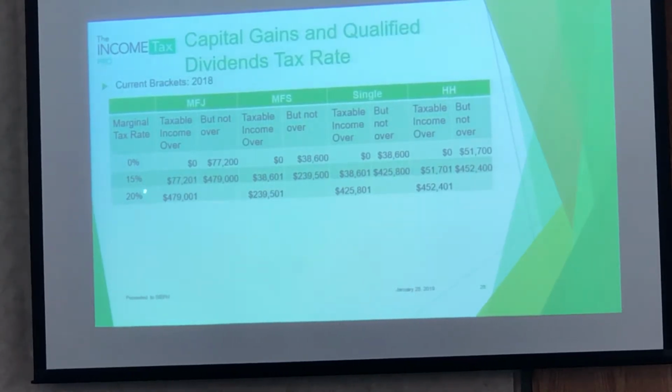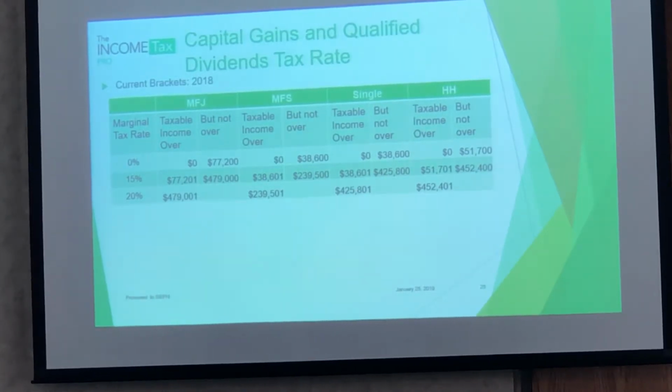Yeah, don't worry, they're not that crazy. No, I was mistaken then. Your taxable income has to be less than 77, not actually your income from passive. Right, I should let my son make the capital gain. Yeah, that's right.